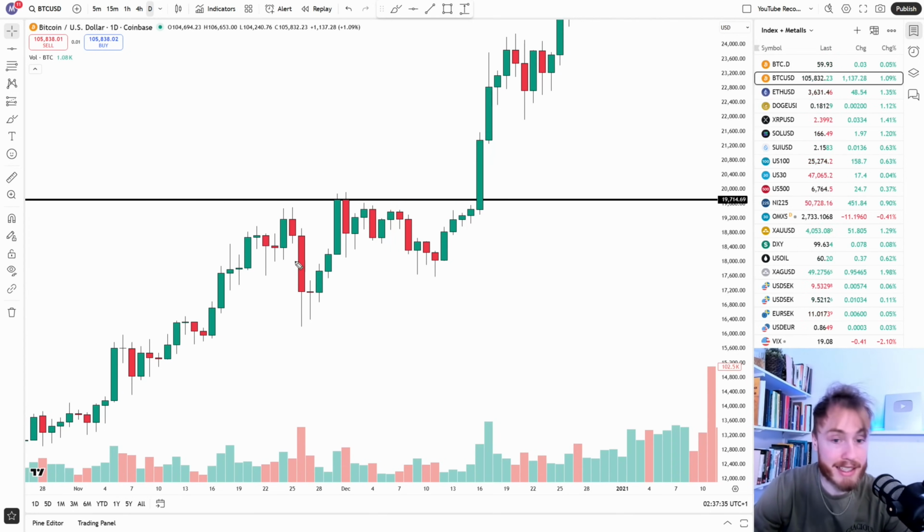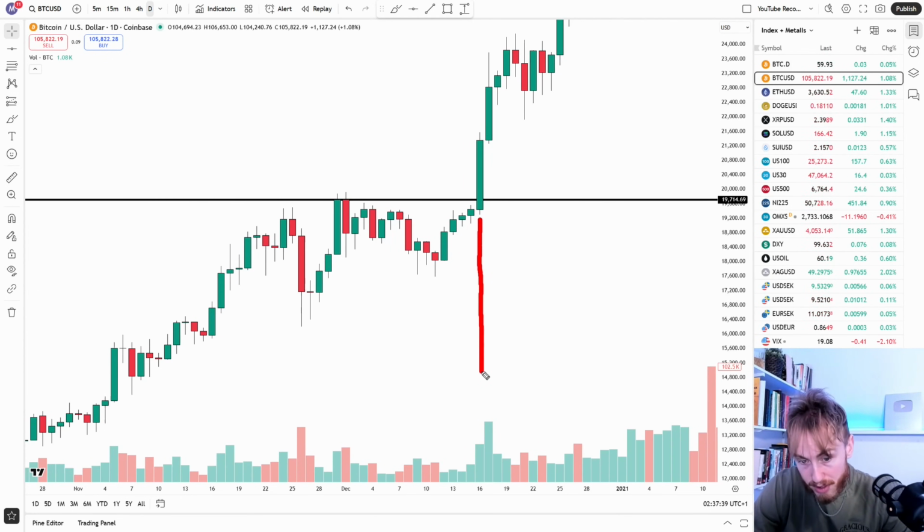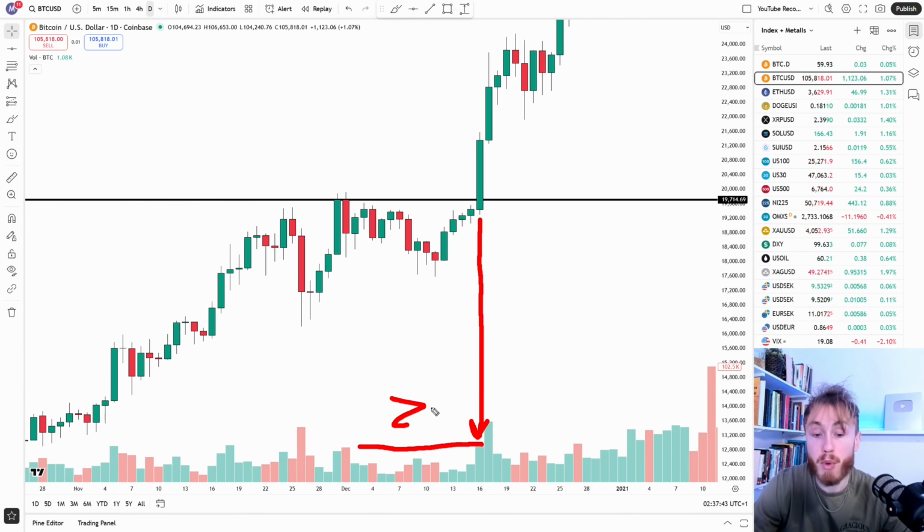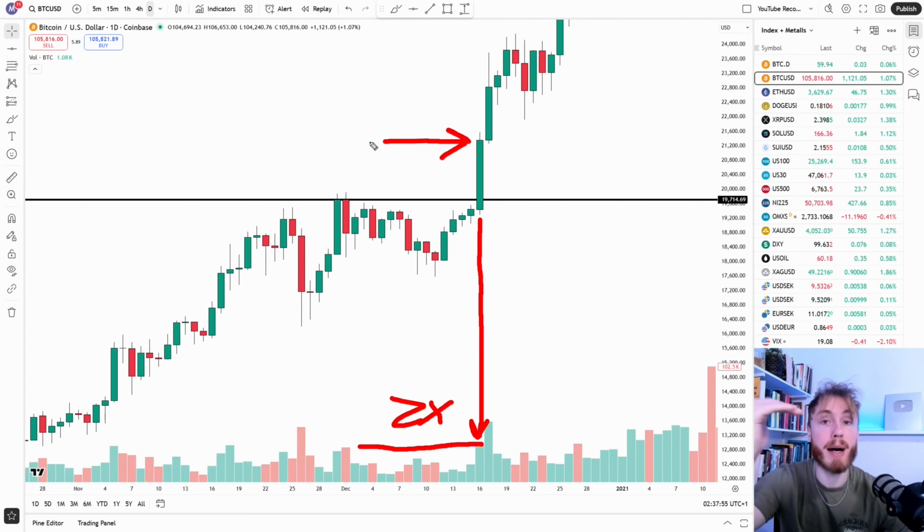The next sign we're looking out for here is the volume. I think this was this volume right here, but you can see that we clearly have more than twice the volume of all the previous days. Another sign we're looking out for is that we want the candle close to be far above the resistance, and in this case the candle close was clearly far above the resistance.